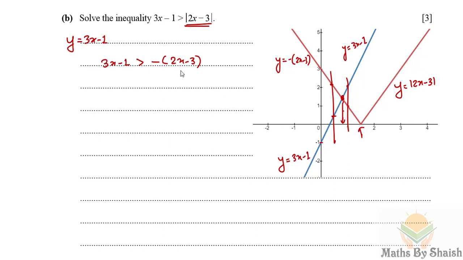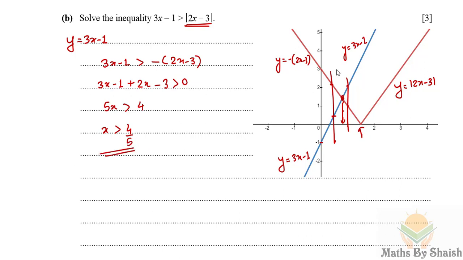So we will find the intersection point by solving this, and it is going to be 3x minus 1 plus 2x, and this plus 3 will come here, and it would become minus 3 greater than 0, or it is going to be 5x is greater than, I'll take this minus 1 minus 3, that is minus 4, to the other side, it will become plus 4, or we can say x is going to be greater than 4 over 5. So that's the solution.